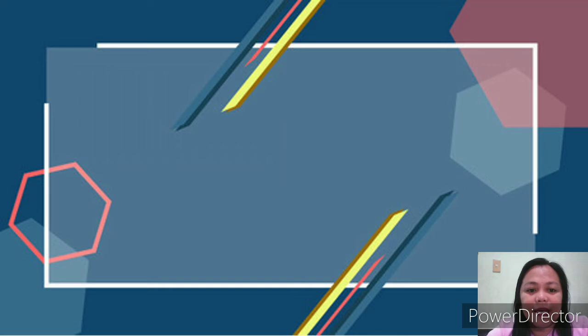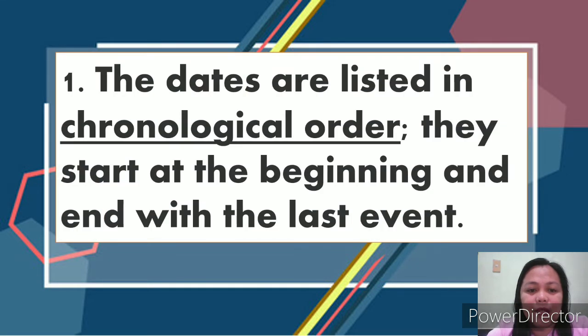Next. The dates are listed in chronological order. They start at the beginning and end with the last event. Chronological order is an unfamiliar word for you. What do you think is the context clue that makes you understand the unfamiliar word?